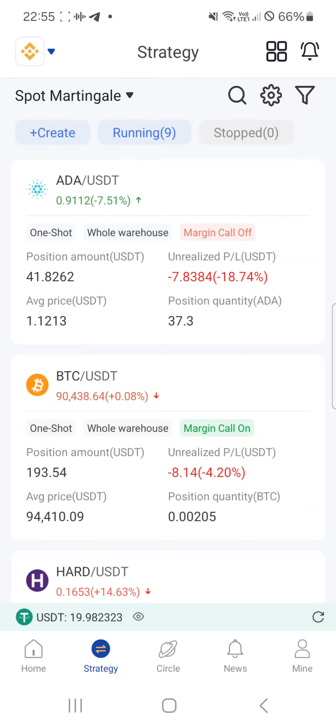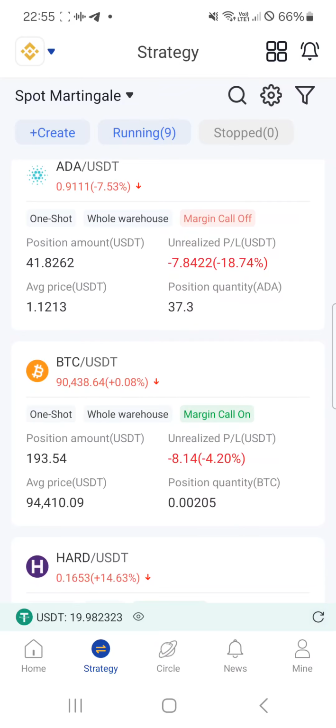You can also see here in small print unrealized P and unrealized L. Unrealized P means unrealized profits, and unrealized L means unrealized loss.